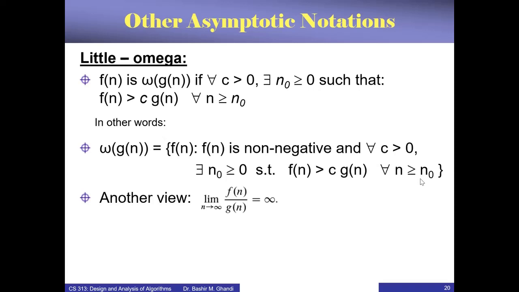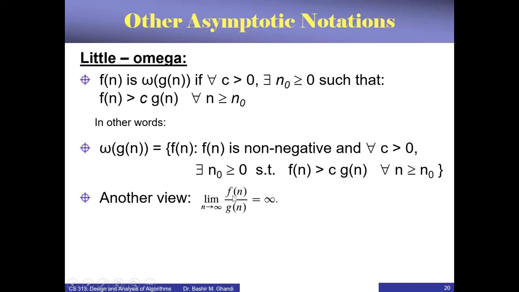So again, if you look at it from the limit point of view, if you take the limit of f(n) divided by g(n) as n goes to infinity, we will have infinity. Why? Because g(n) is a very small function, I mean, it's smaller than f(n).